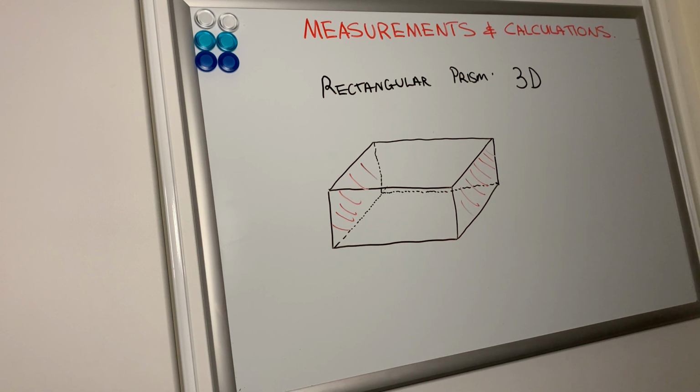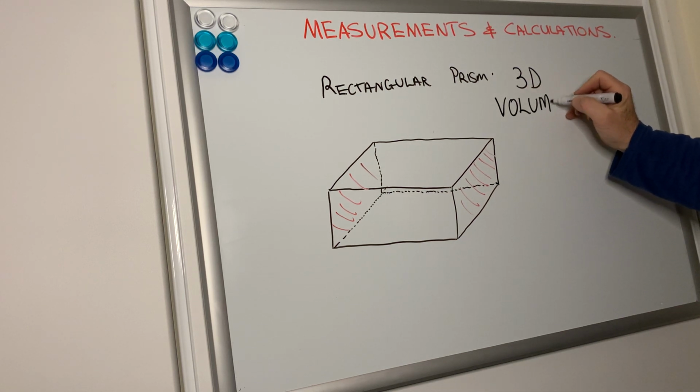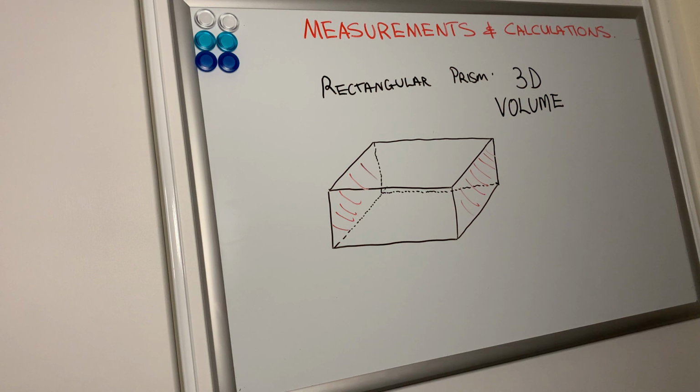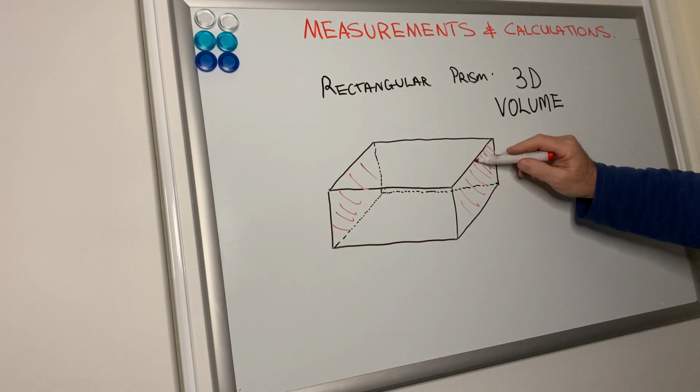Now, what I want us to do is go through and have a look at the volume. Let's have a look at what we mean when we talk about volume, because this one is quite different. So we saw when we looked at surface area, surface area is basically exactly that. It's just the surface area.